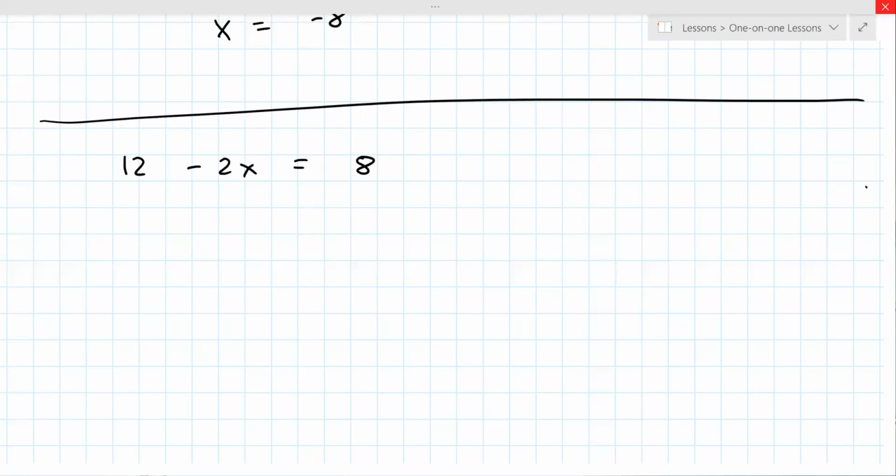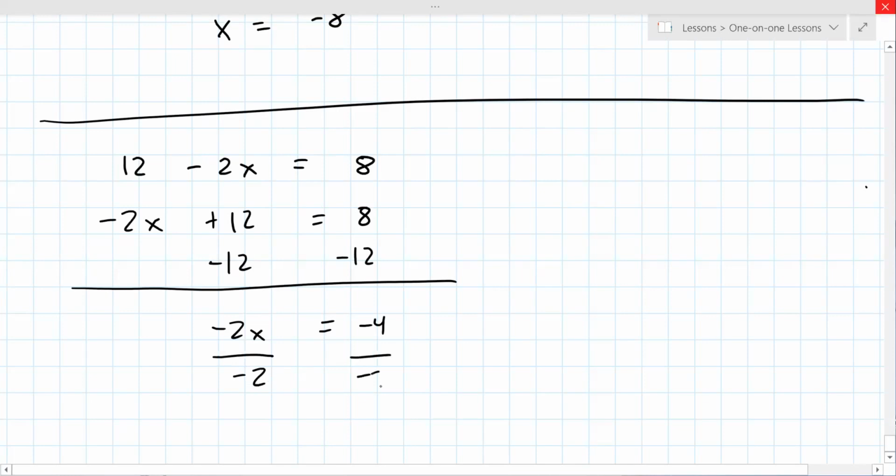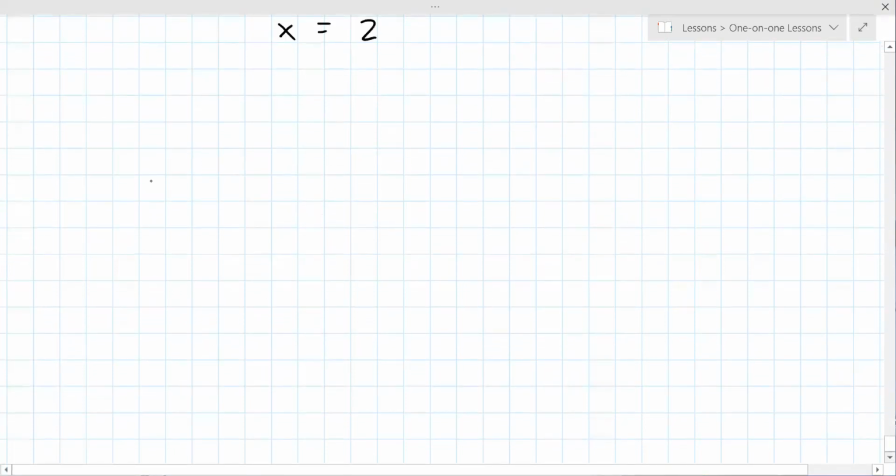All right, I got my answer. I'm going to suggest that we rewrite this -2x plus 12 equals 8. Subtract 12 from both sides. -2x equals -4. Divide both sides by -2, so x equals 2. All right, we're getting close to it.